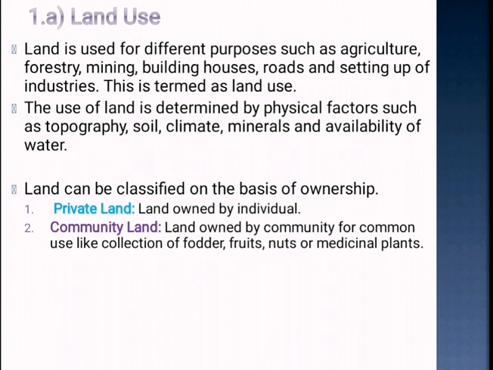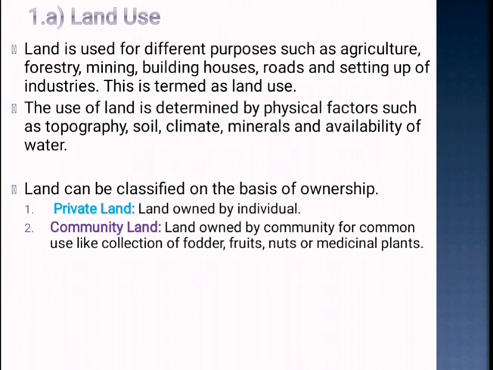And at the same time, community land means the land owned by the community for common use, like collection of fodder, fruits, nuts, or medicinal plants. For example, the forest or national reservoirs. All that type of resources, the forest, is commonly owned by the government publicly.